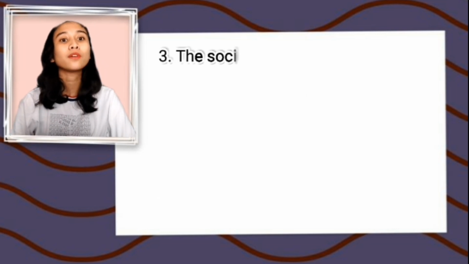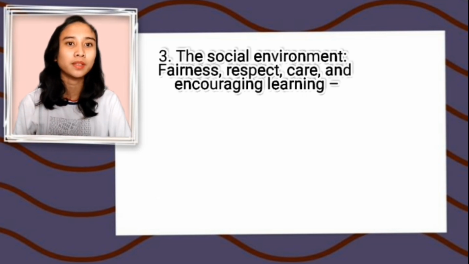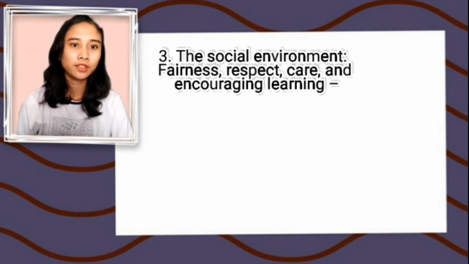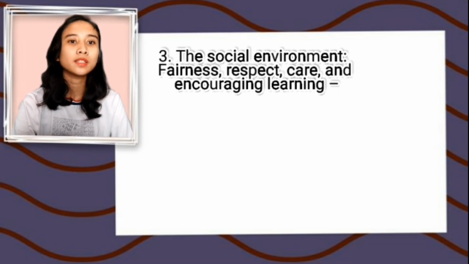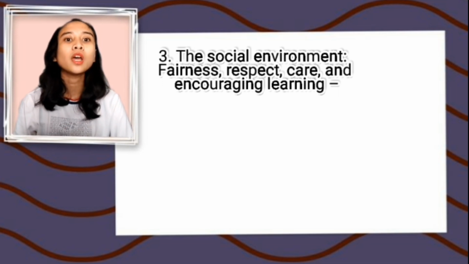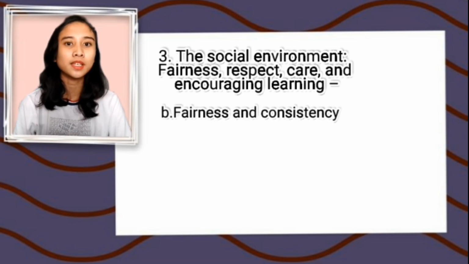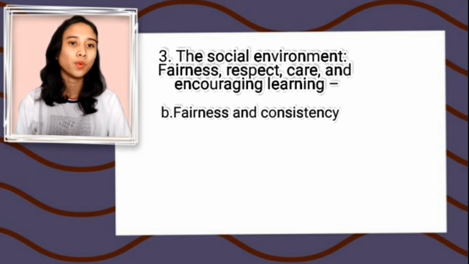Number three, we have the social environment: fairness, respect, and encouragement. A teacher should be a facilitator. This means we guide discussion, encourage participation, and value student perspective. Fairness and consistency: students should know that classroom rules apply to everyone equally.